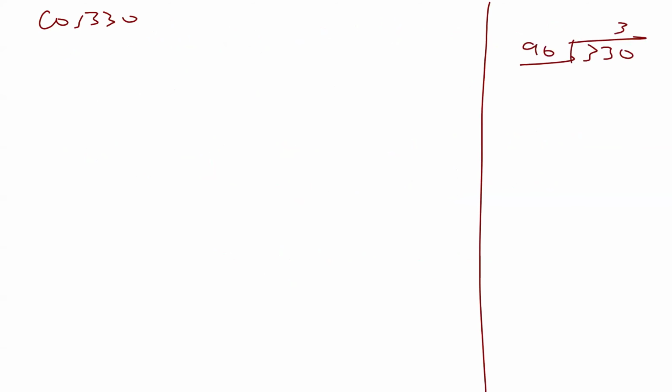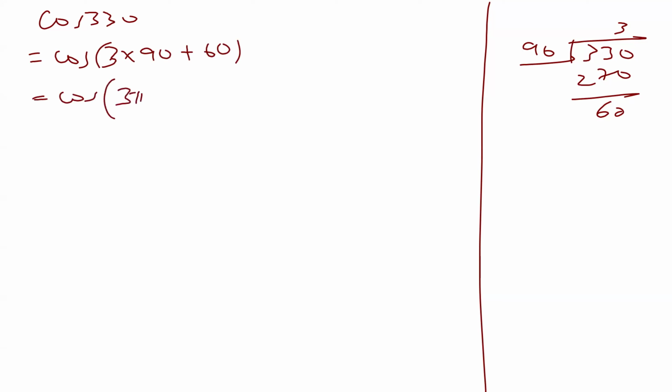So cos 330. 330 divided by 90, 90 threes are 270, so this is 60. So this is equal to cos of 3 into 90 plus 60, cos of 3 pi by 2 plus 60. 3 pi by 2: 0, 1, 2, 3. 3 pi by 2 is over here.